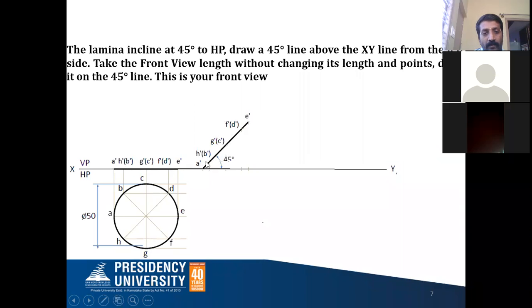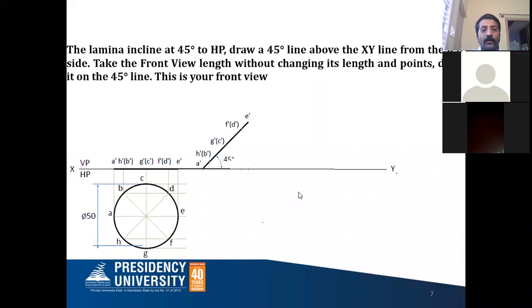From A to this point, you cut an arc and name it H dash and B dash, and from here to this point you can take and mark it like this without changing anything. You have to transfer all your points like this. You are familiar with this, so you will be able to draw this. So this completes your front view.